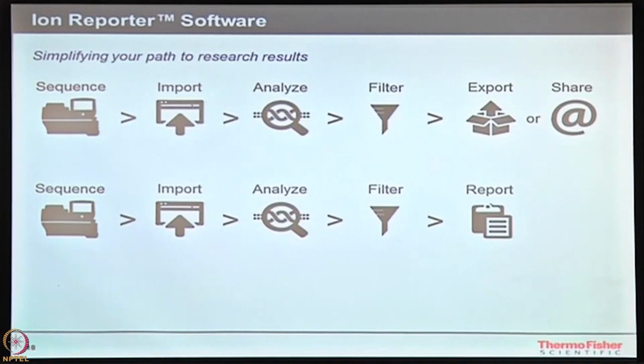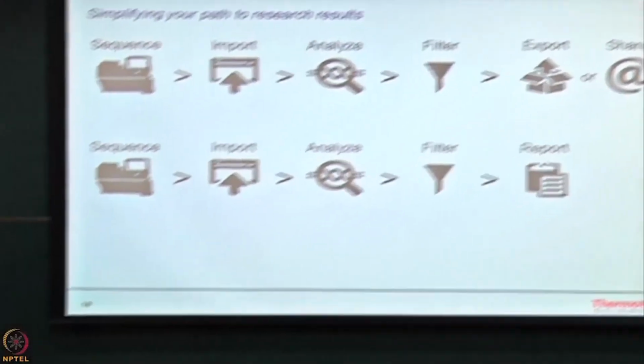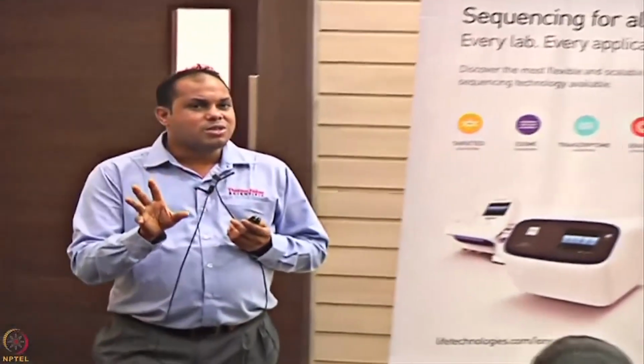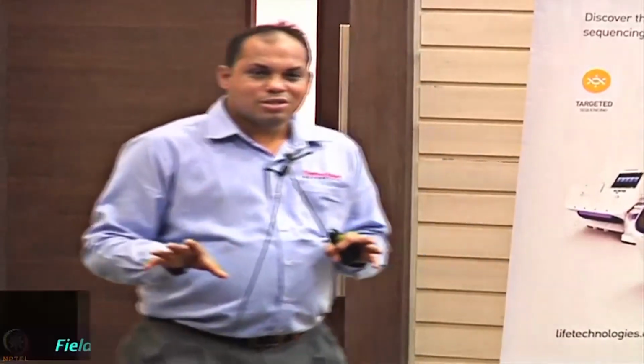You have filters for SIFT, PolyPhen, Grantham, the protein evolution parameters that play an important role over here. You can also look into databases, like the UCSC common SNP databases, which has information on the common SNPs which are not affecting any of the proteins in any condition. So you want to filter them out, take them out and keep them separately.